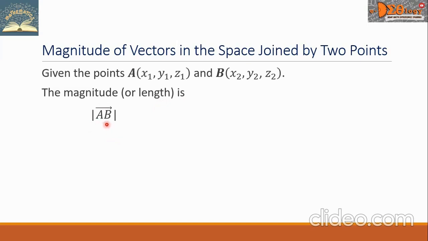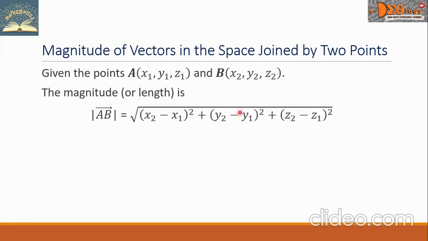The vector AB is enclosed in 2 vertical line segments. And the formula is this big square root, the square of the quantity x sub 2 minus x sub 1, plus the square of the quantity y sub 2 minus y sub 1, plus the square of the quantity z sub 2 minus z sub 1.